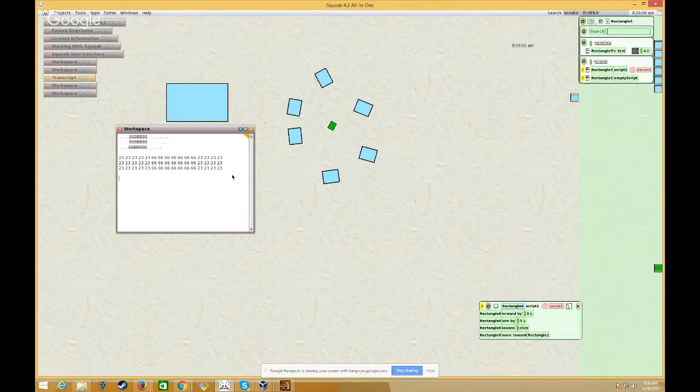Like I said, these numbers here came from something called an ASCII chart. That's the word ASCII, although it's not really a word, it's an acronym.